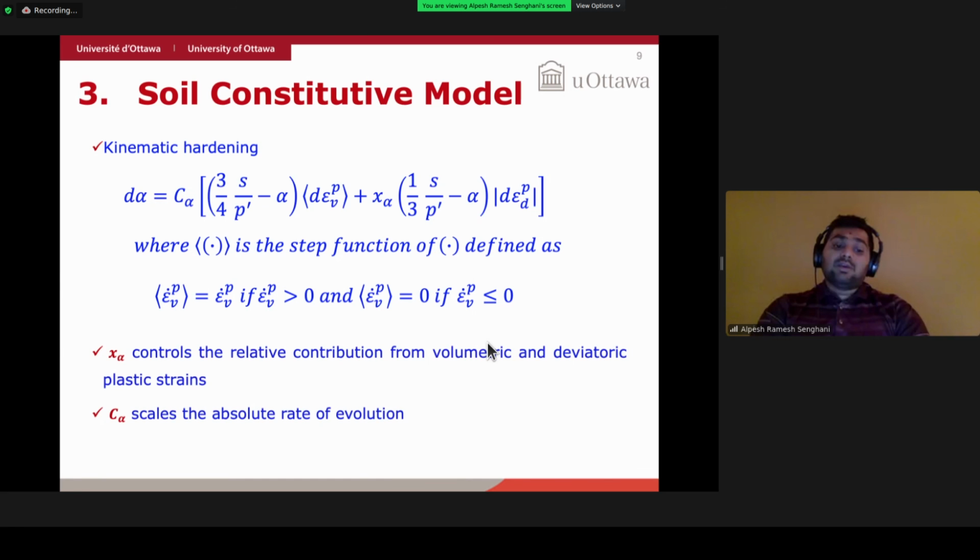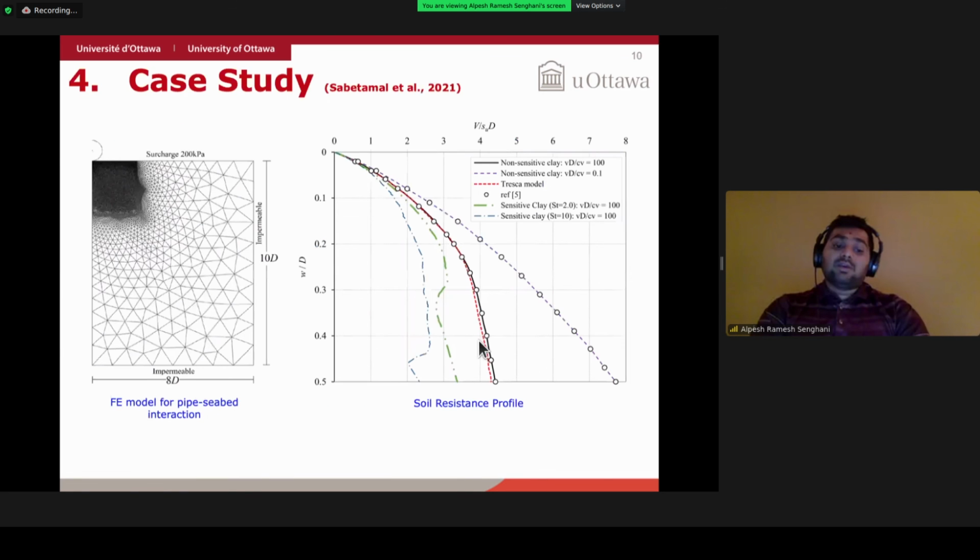Now, let us look at the case study. The pipeline is put on the shoreline and dug into the soil where we have sensitive clay. In the case study, the pipeline is placed halfway into the soil, that means 0.5 D, if D is the diameter of the pipe.